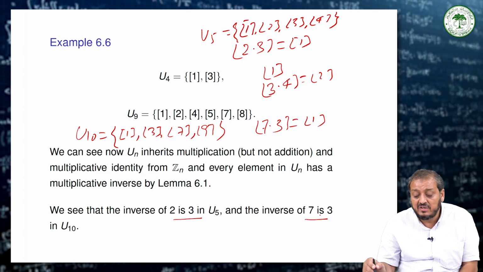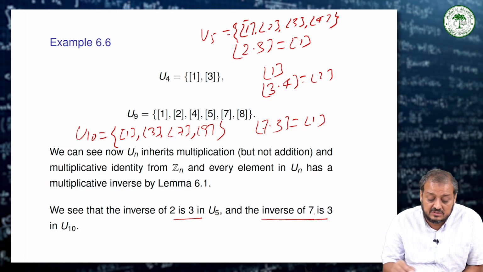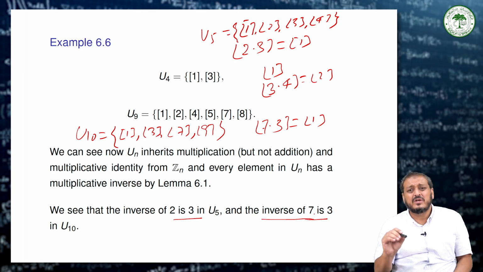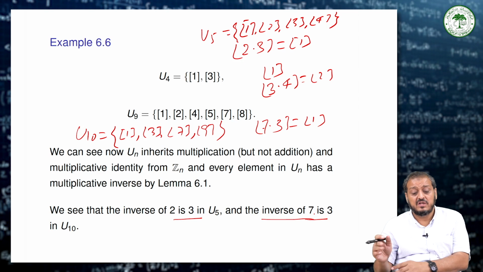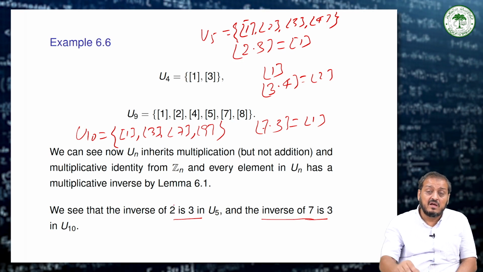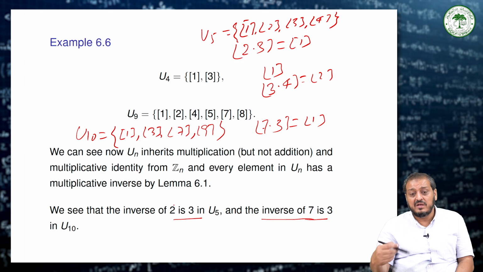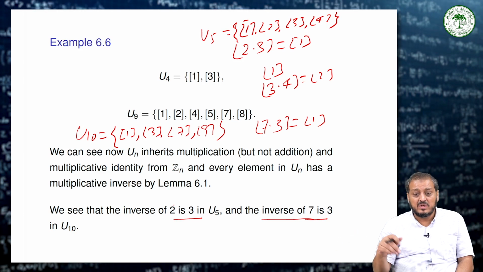So the inverse of 7 is 3, and the inverse of 3 is also 7. So we see that the elements that are relatively prime have an inverse.